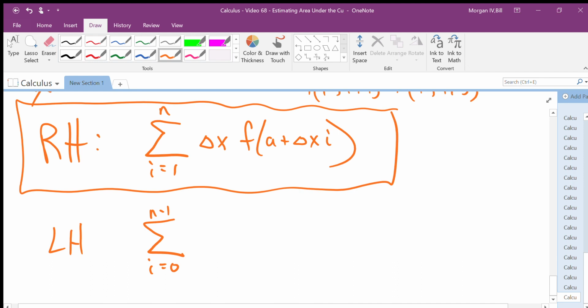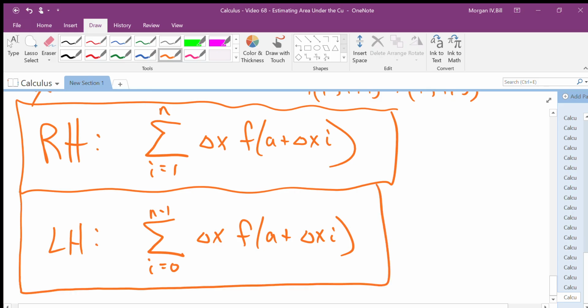That's still n rectangles of delta x times f of a plus delta x I. But now since I is starting at 0, the first term, delta x times 0, that goes away, and all you have is f of a for your first term. Right, so that would be your left hand.